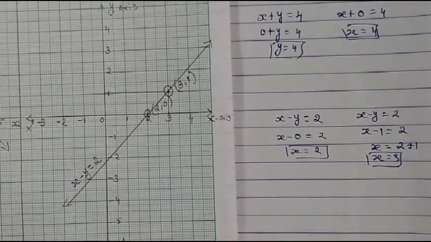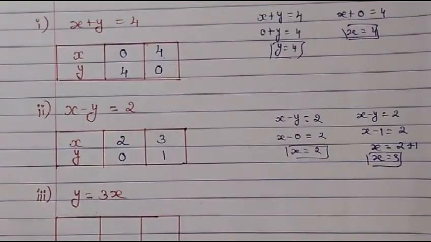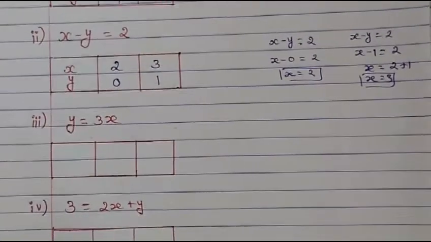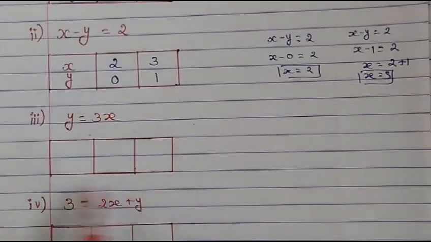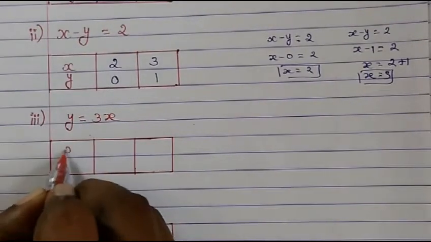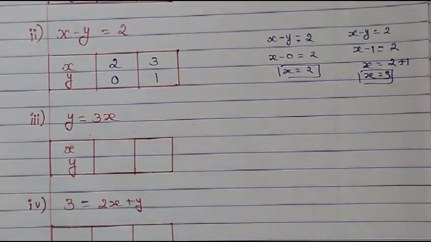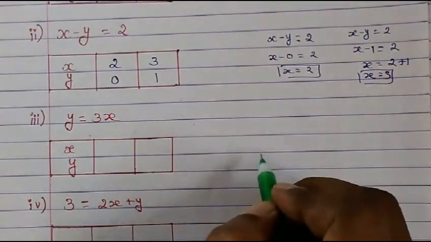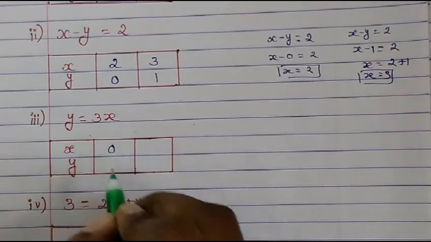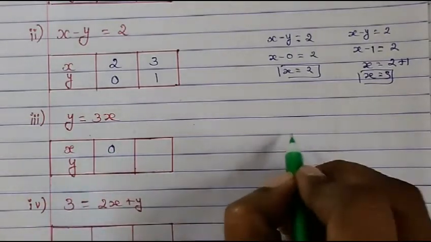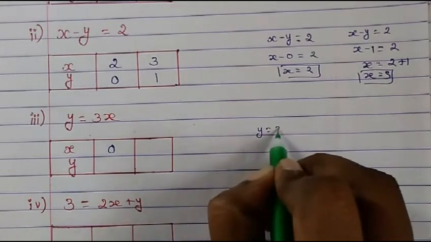So now let's do the third one. Third one also you have to draw the graph. For that you have to draw the box. x and y, same way you have to find out. So I take x value as 0. If I take x as 0, then let me find out y equal to 3x.